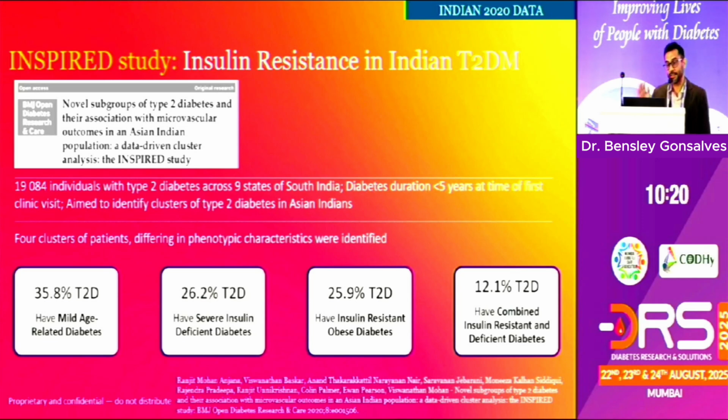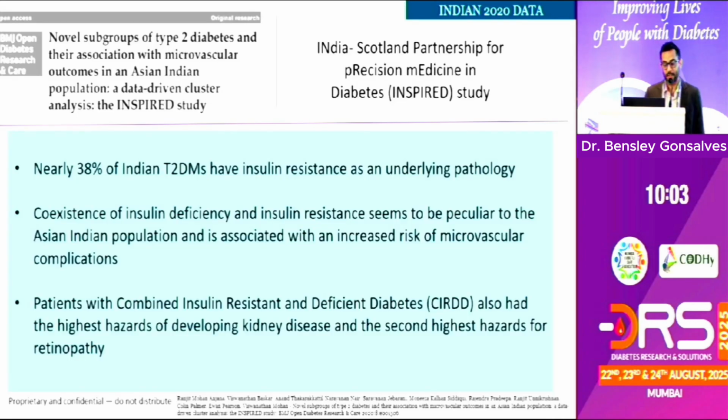26.2% had severe insulin deficient diabetes, 25.9% had insulin resistant obese diabetes, and 12.1% had combined insulin resistant and deficient diabetes. Which makes almost 38% of Indian type 2 diabetics having insulin resistance as the underlying pathophysiology.